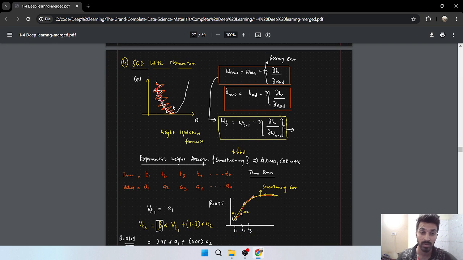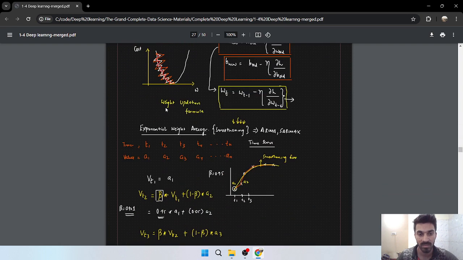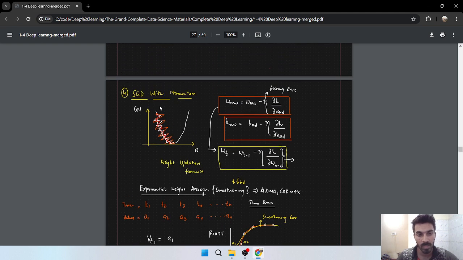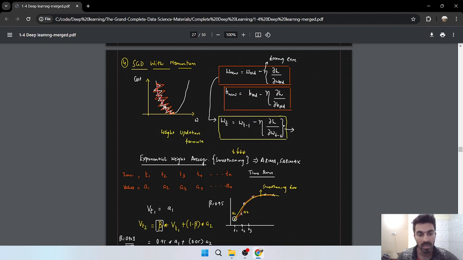So scientists introduced SGD with momentum, a new approach in optimizers. The noise is reduced with respect to mini batch SGD. It still has some noise, but we can take it as acceptable for this model.